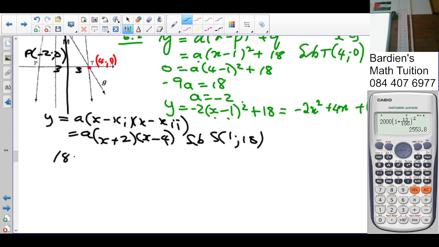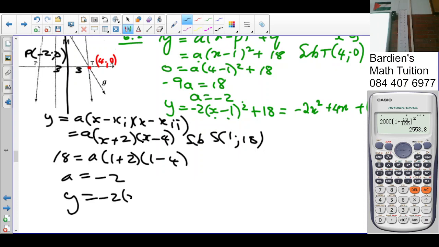So it's going to be 18 is equal to a times 1 plus 2, 1 minus 4. That's going to give you 3 and negative 3, so a works out to be negative 2. So y is equal to negative 2 into x plus 2 into x minus 4, which now gives you negative 2x squared plus 4x plus 16. It's the same.